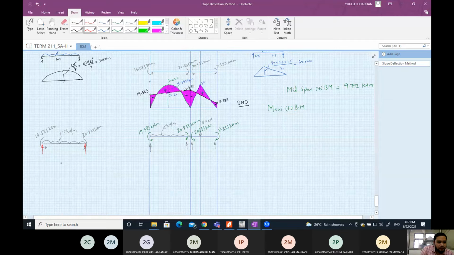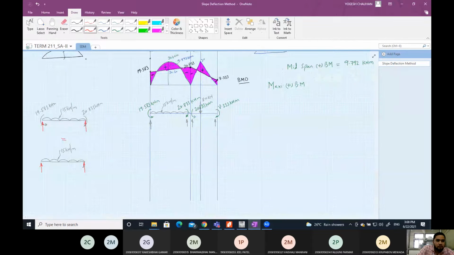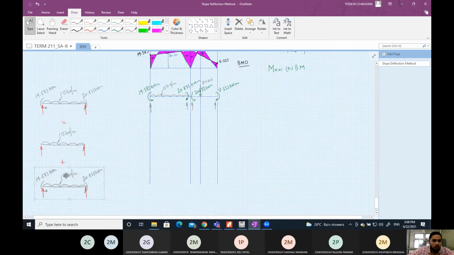For simplicity, you can consider this as this plus this plus this.